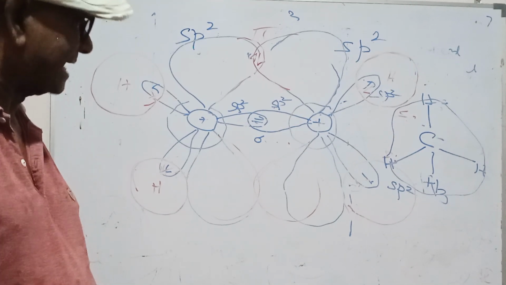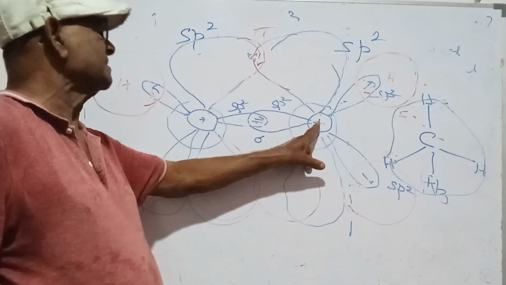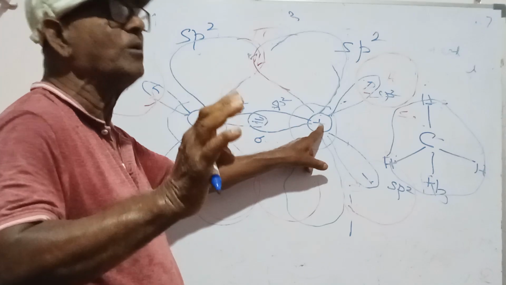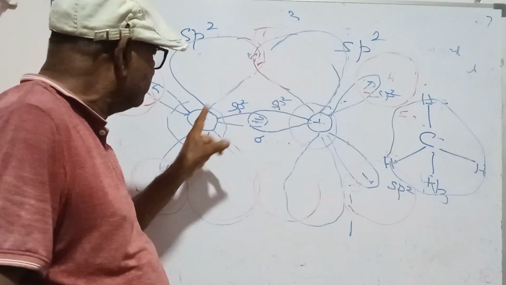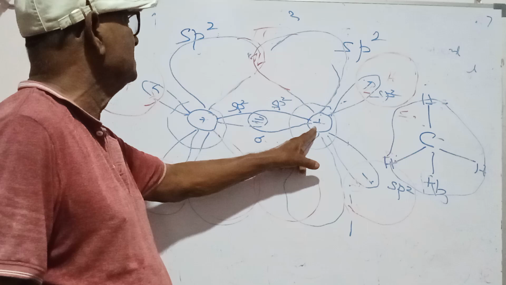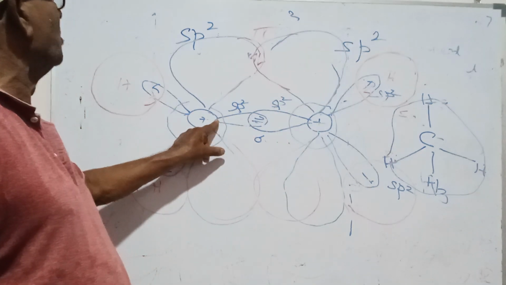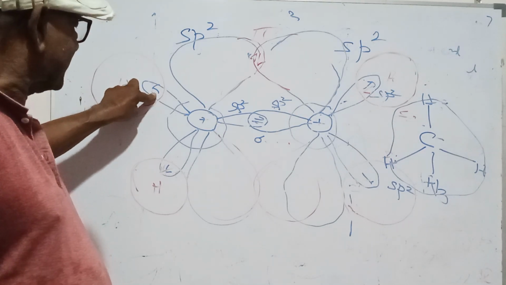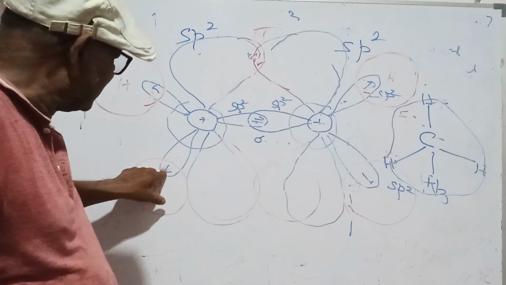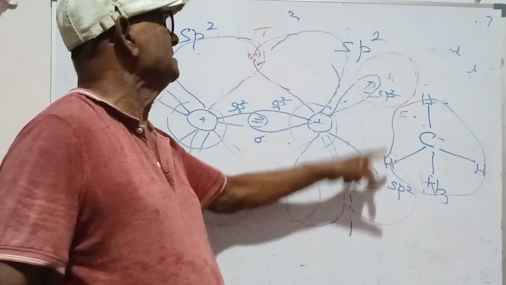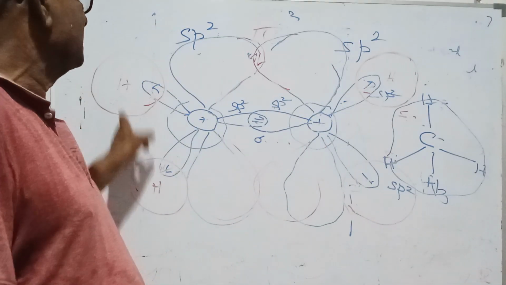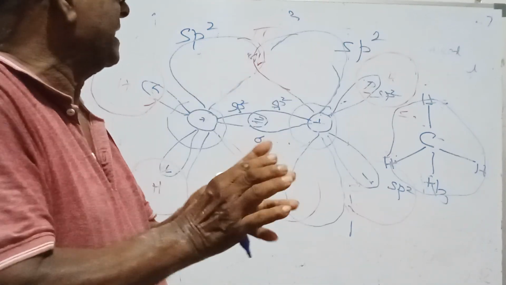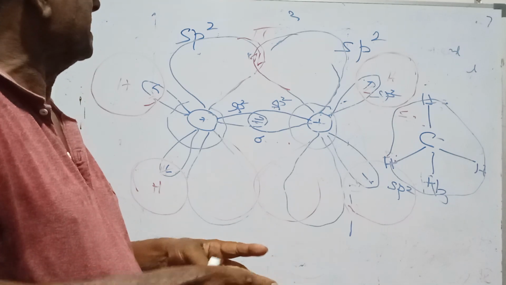But now you are clear that an sp2 hybridized carbon atom is unable to form a compound alone. It should be combined with another carbon atom with a sigma covalent bond and a pi bond. Then after that, the other two hybridized orbitals form sigma covalent bonds. Thus, two carbon atoms complete the octet, taking stability.